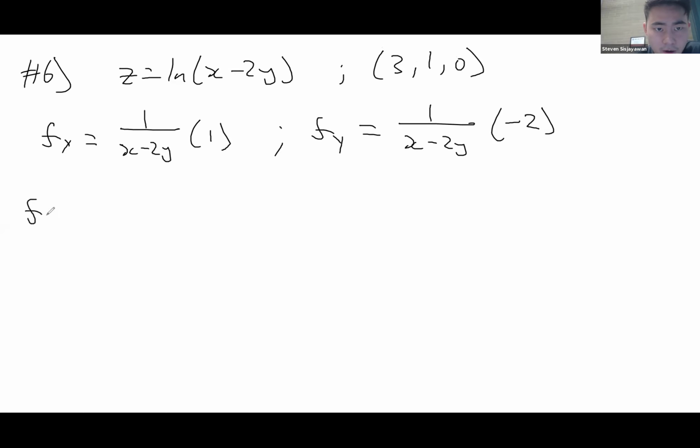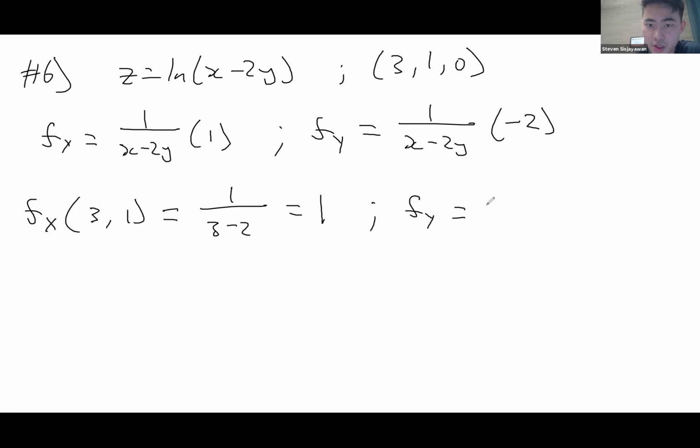And now fx of 3, 1 is the same thing as 1 over 3 minus 2, which is equal to 1. And then fy should give me a negative 2. All right, and then now just compiling it, z minus 0 is equal to 1 times x minus 3 plus negative 2 times y minus 1.